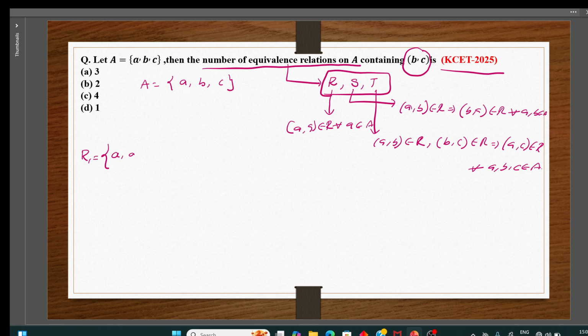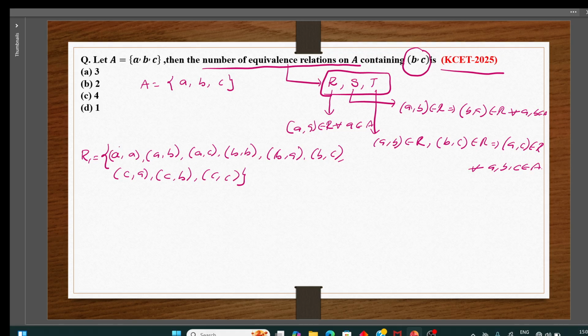Take (a, a), (a, c), (b, b), (b, c), next (c, c), (c, a). So we check reflexive: (a, a), (b, b), (c, c). Symmetric: (a, b), again (b, a).